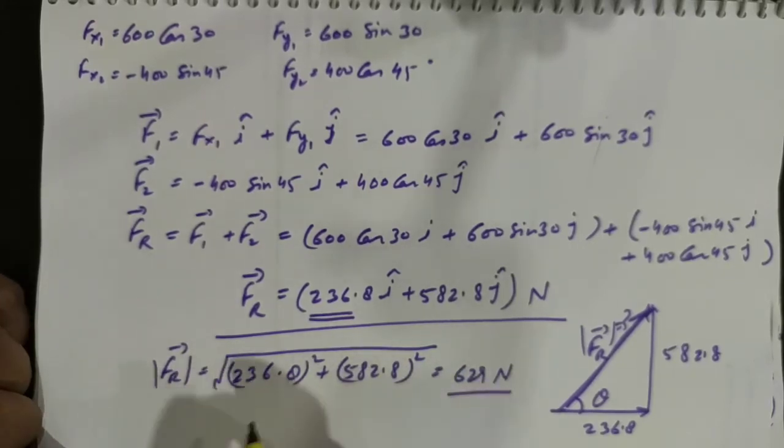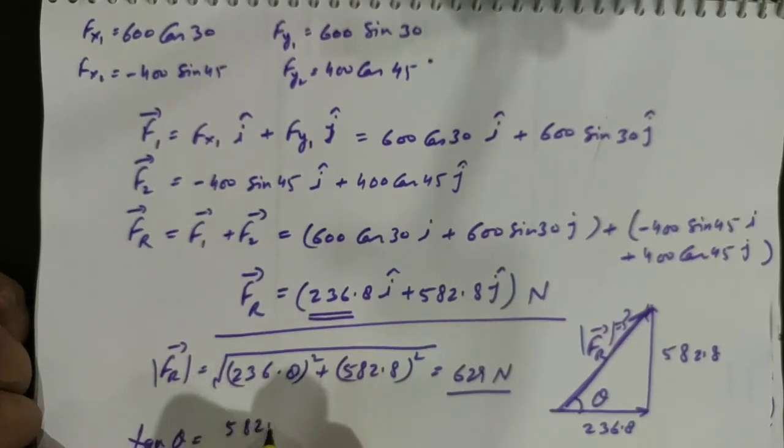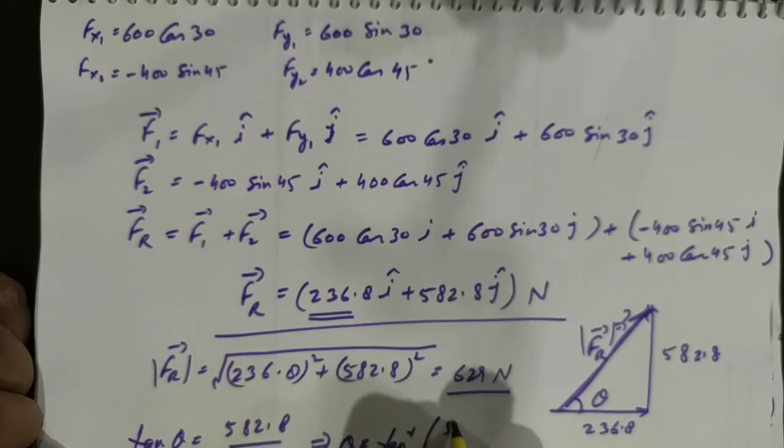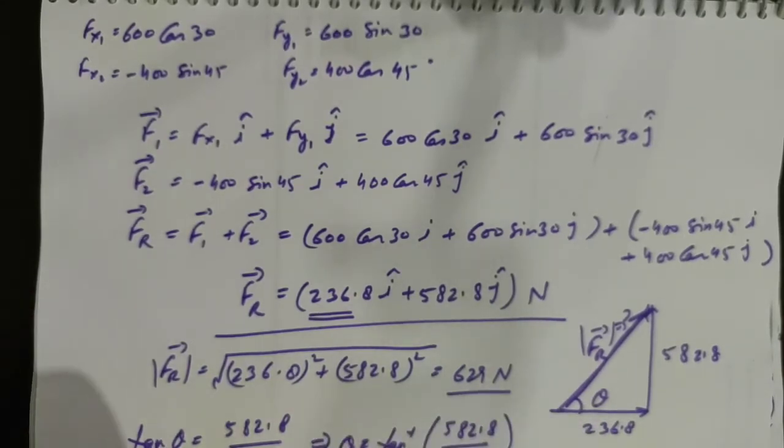And the same for theta, tan theta is equal to 582.8 by 236.8, perpendicular upon base, then theta is equal to tan inverse 582.8 by 236.8.